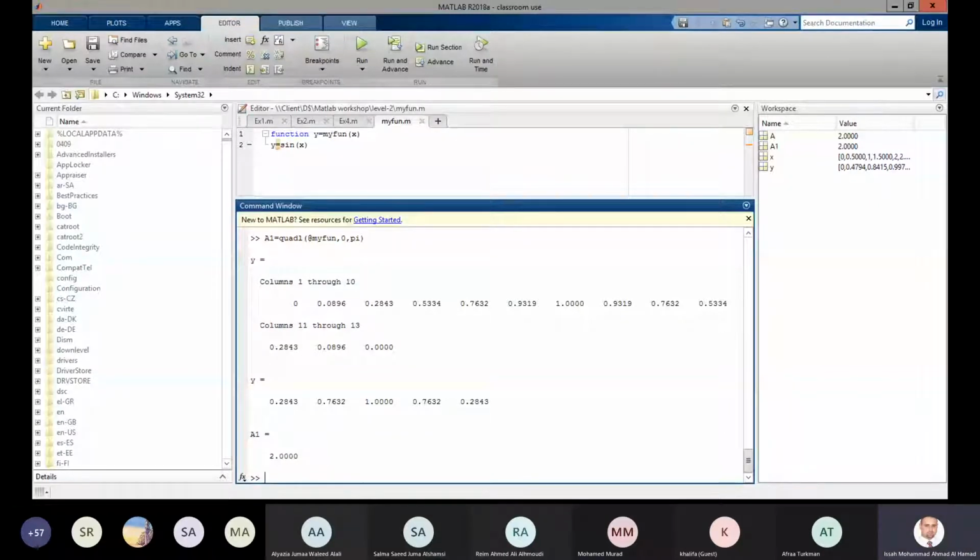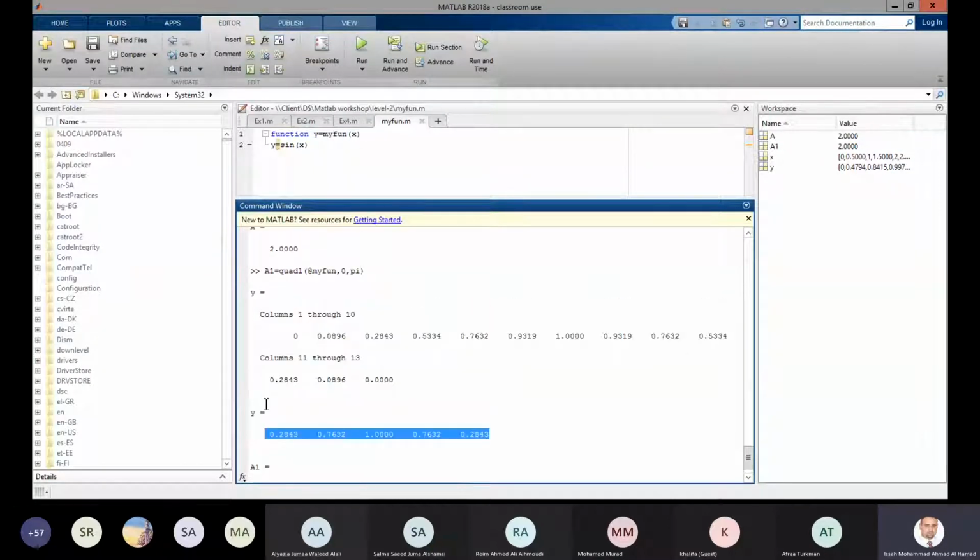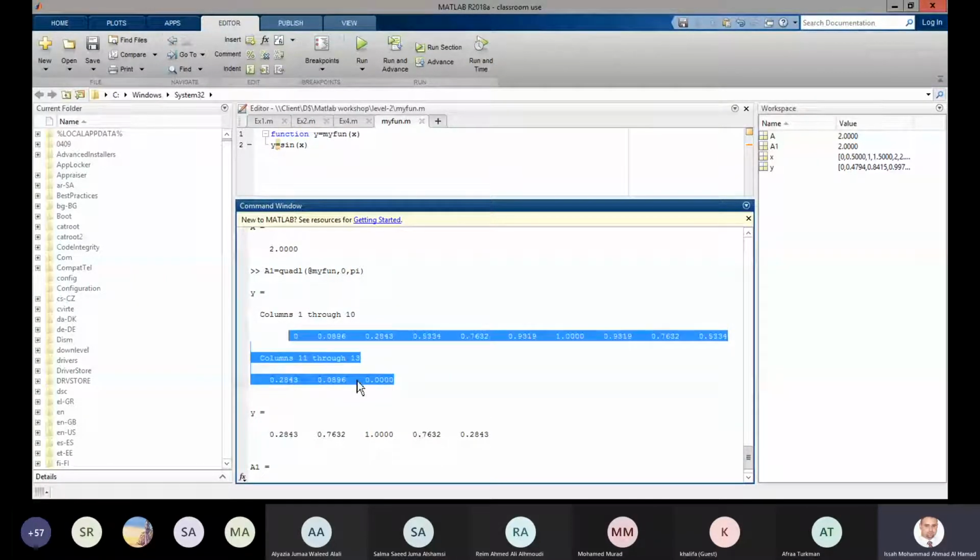However, the number of increments is now 5. So you have 5 entries. And at the first time we had from 0 to pi with an increment of 0.1. It gives you 13 entries.